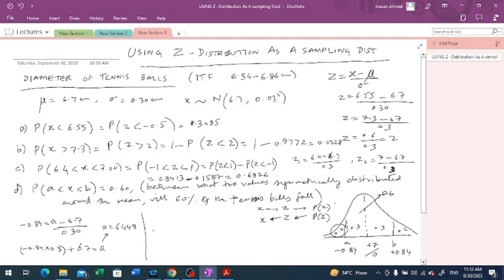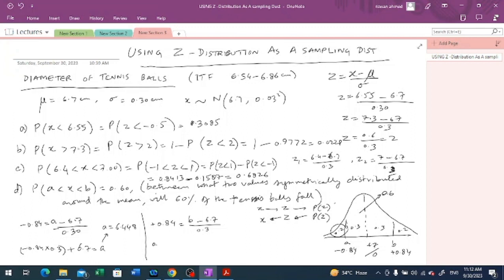Similarly, the computation of B, which is the upper unknown bound for x, can be performed by taking the positive z value of 0.84. In place of x, we substitute B minus 6.7 divided by 0.3.